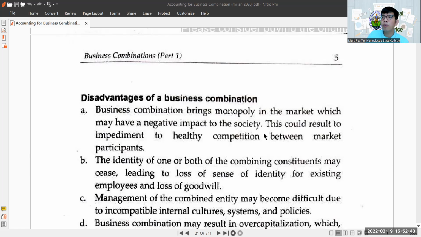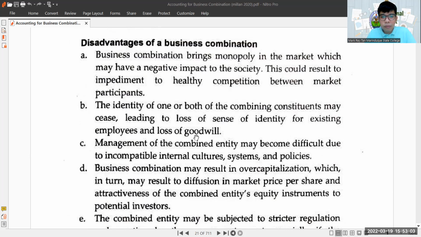Wala nang ibang kumakalaban. So, siya lang lahat yung magbe-benefit dun sa market. Mag-isa na lang siya. Minomonopolize na lang niya yung market. So of course, that would be a disadvantage, to be honest, sa society, sa end user.